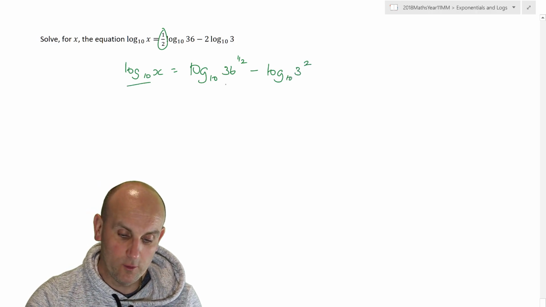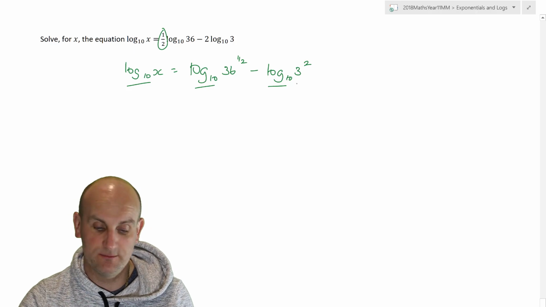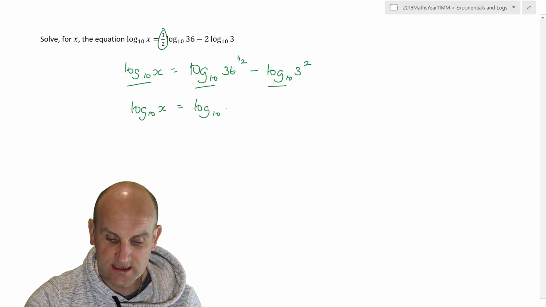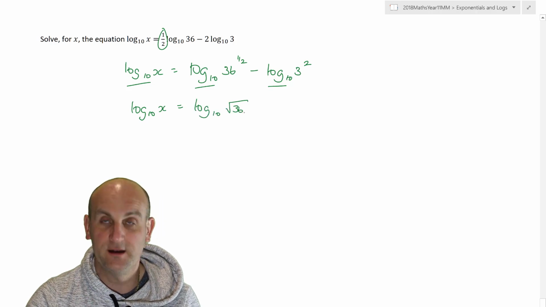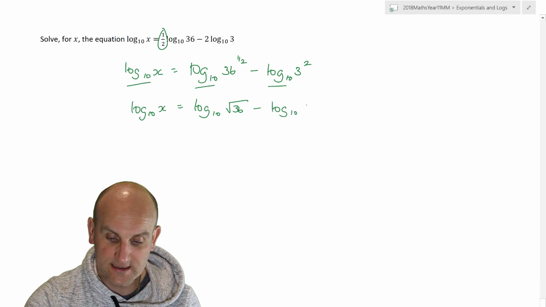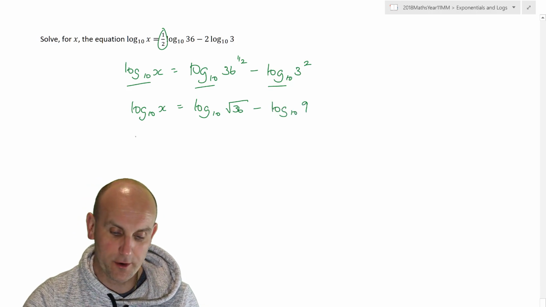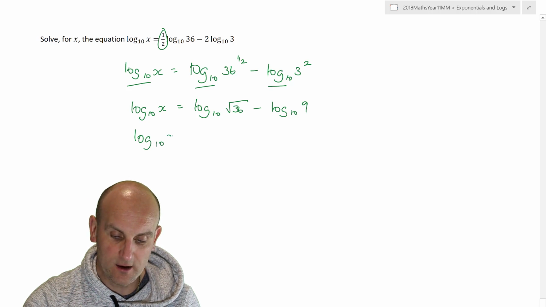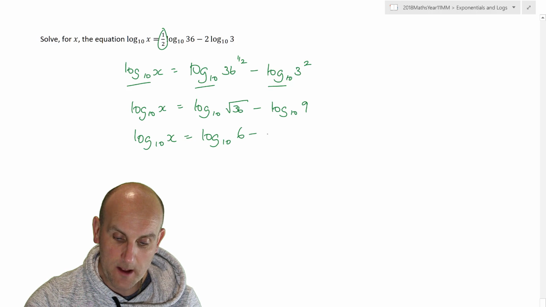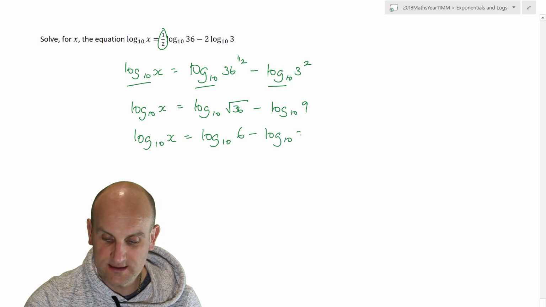Now, do you notice they're all log base 10, so the chances are I'm going to be able to simplify this. Log base 10 of x is equal to the log base 10 of the square root of 36, because to the power of a half is equal to a square root, minus log base 10 of 9. Right. Log base 10 of x is equal to log base 10 of 6 minus the log base 10 of 9.